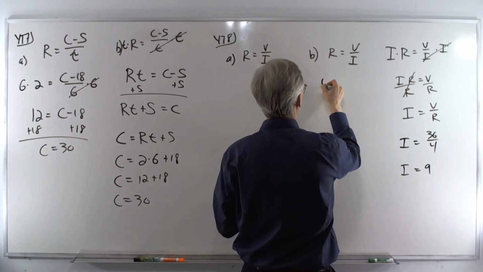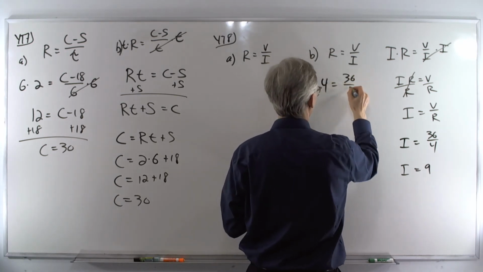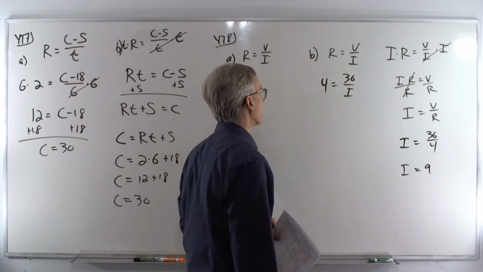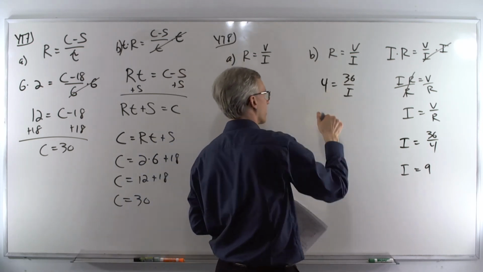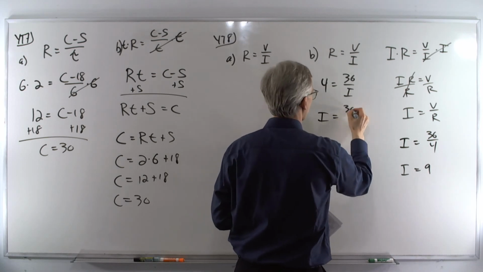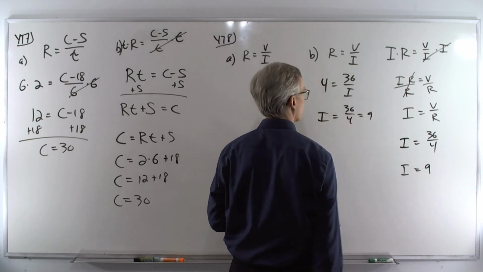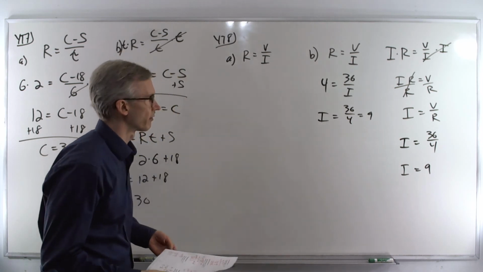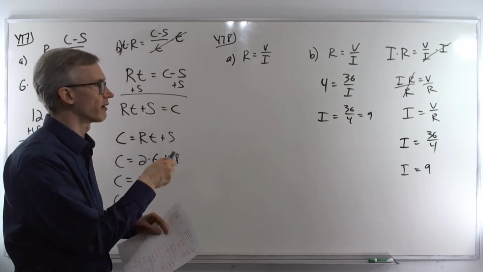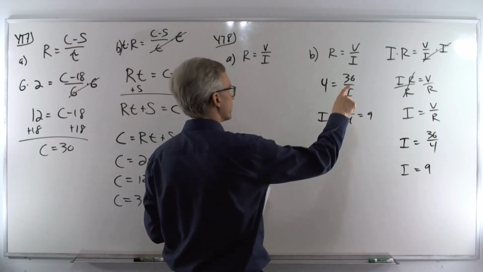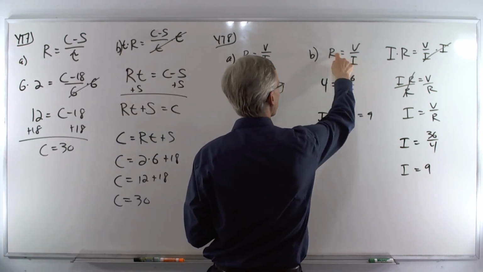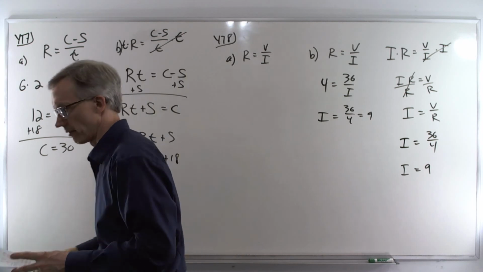So we got 4 equals 36 over I. And it doesn't matter if there are numbers in there or variables, we can still do the swap trick. So flip those. I equals 36 over 4, which is 9. So not a whole lot of time saved on that one. But we did learn a very important trick. So make sure to use that if we're ever solving for the denominator of the variable and it's equal to a single number or variable.